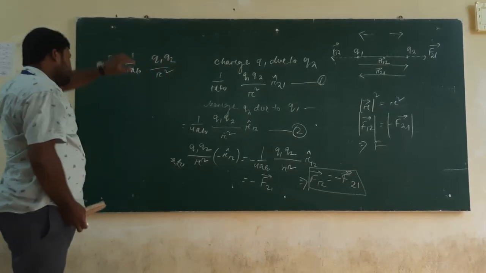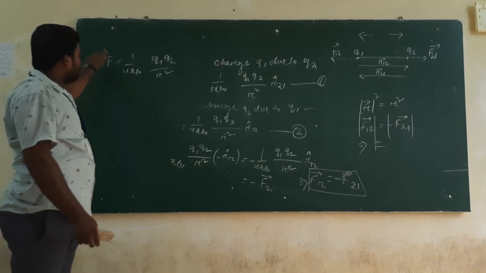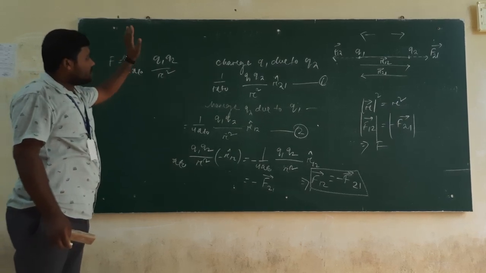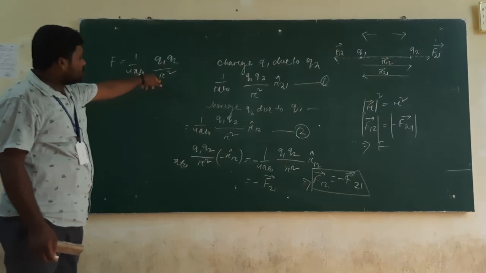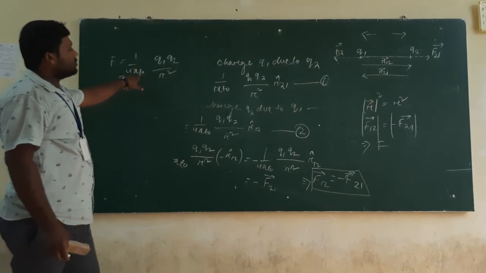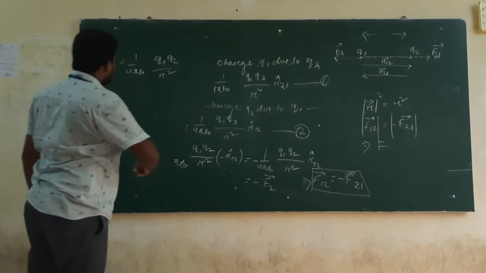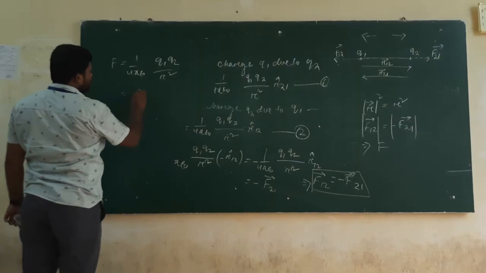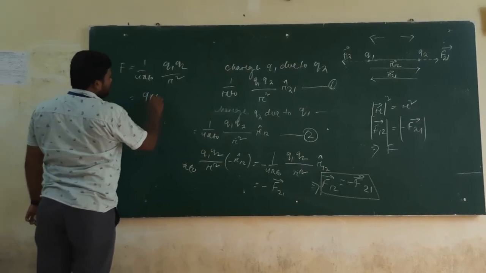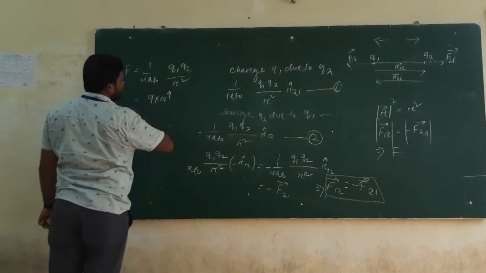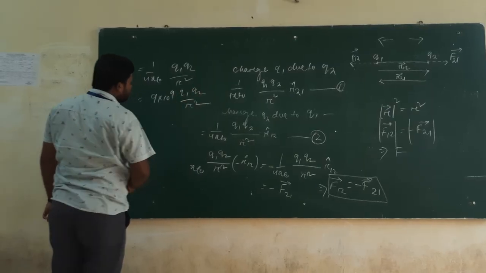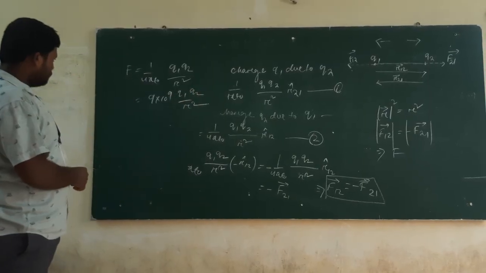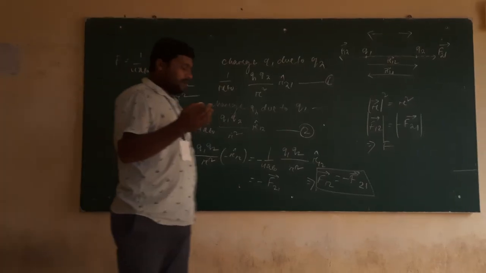Here F is the force, Q1 and Q2 are the magnitudes of charges, R is the separation between the charges, and epsilon naught is called permittivity. The value of 1 by 4 pi epsilon naught is equal to 9 into 10 to the power 9.